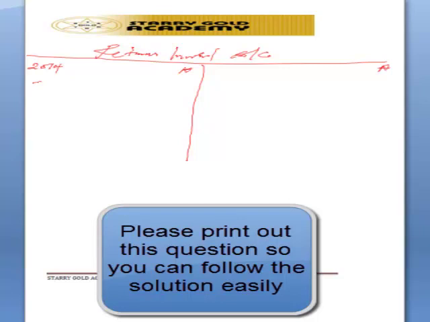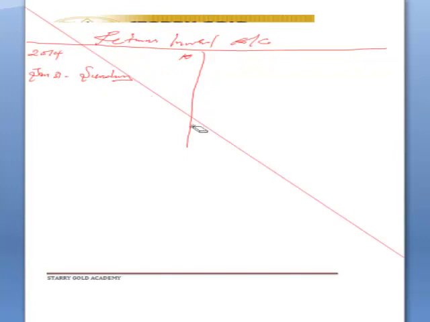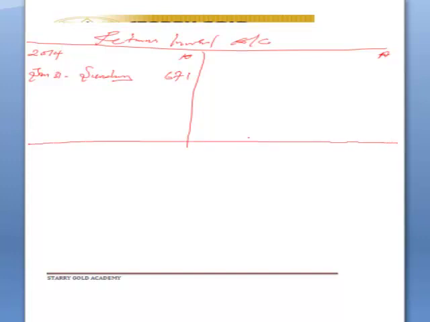So that is January 31st, the last day of the month, sundry. We have it as 671. Then the various customers' accounts will be credited with their various values.